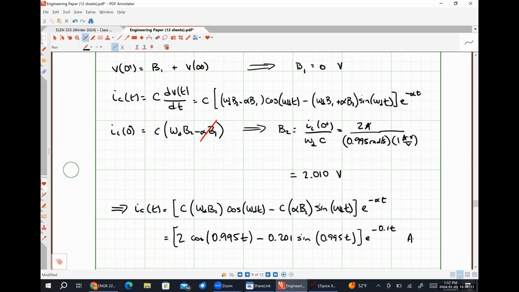So 1 times 0.1 times 2.01 is just this with the decimal place moved over 1. All right, so let's throw this in LTspice.